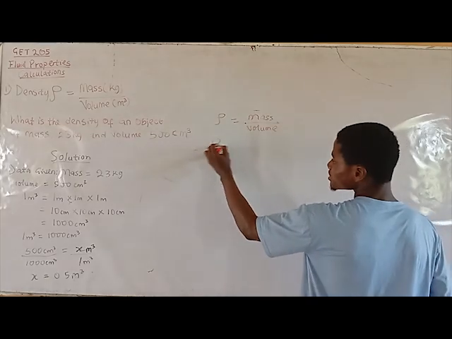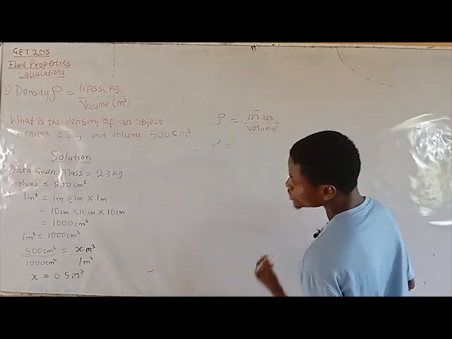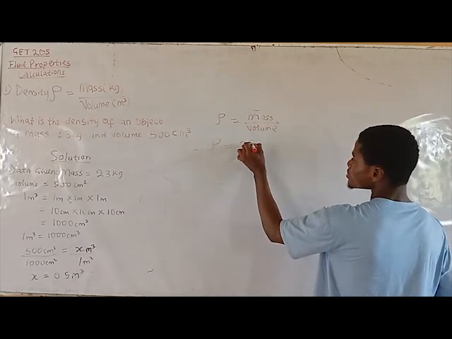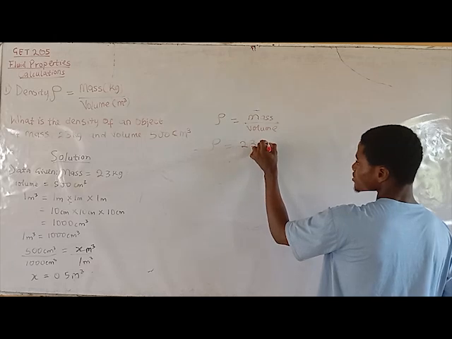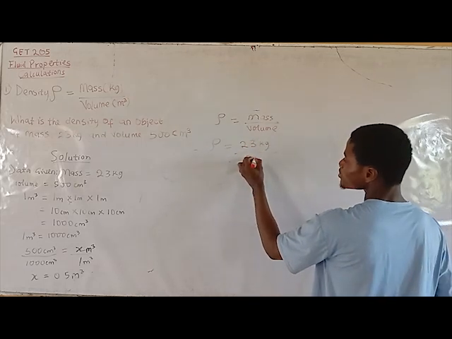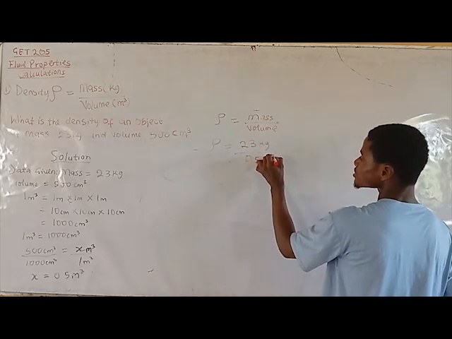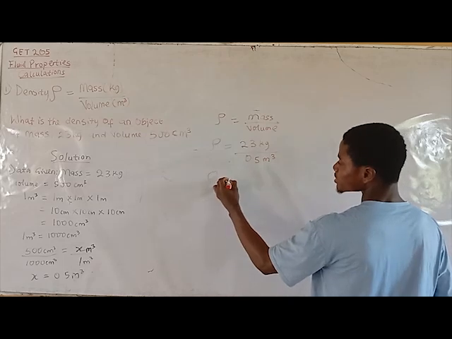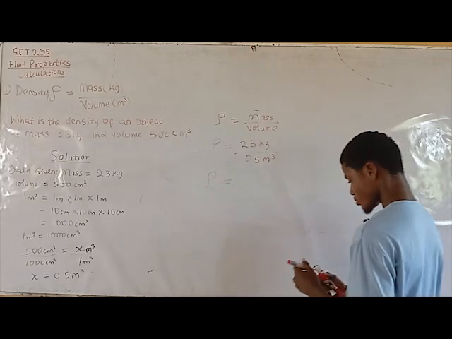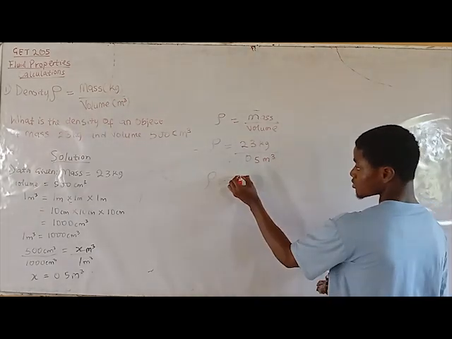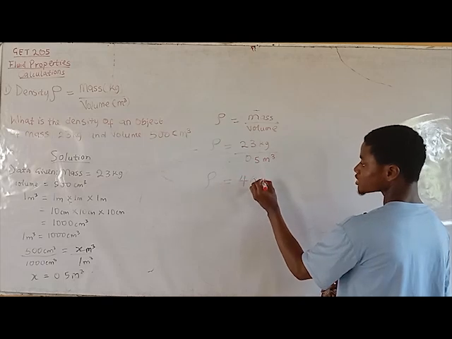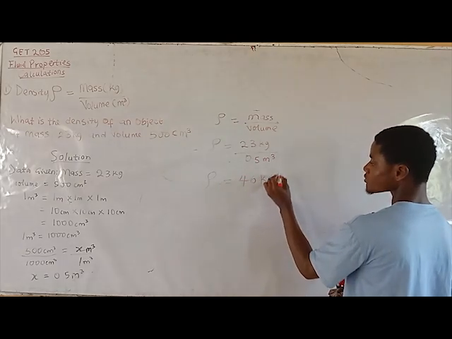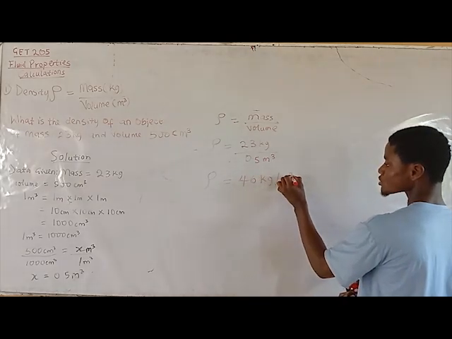From there, density equals to 23 kilogram divided by 0.5 meters cube. So our density equals to 46 kilogram per meters cube.